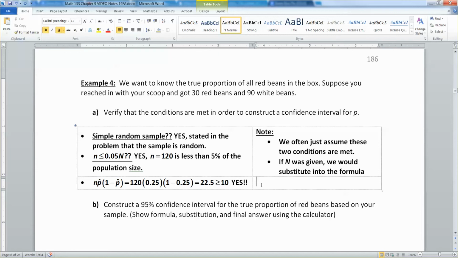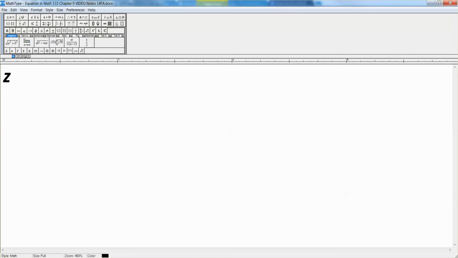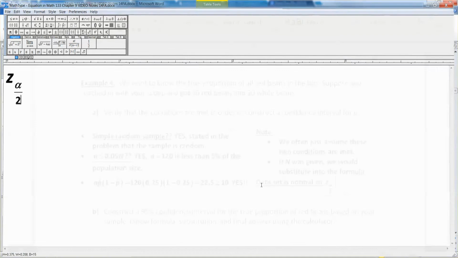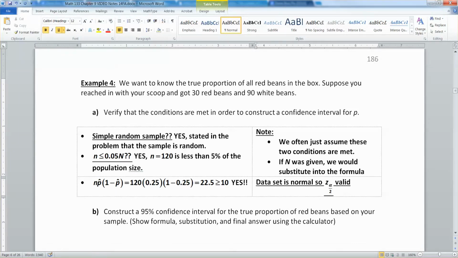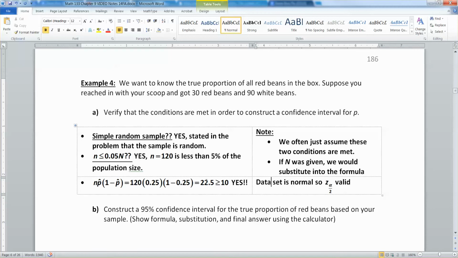If the data set is normal, then z alpha over 2 is valid to use. You can't use the z curve unless you know that n times p times 1 minus p is greater than 10 if you're working with proportions. And therefore, since it was, we're good. We can totally use it.